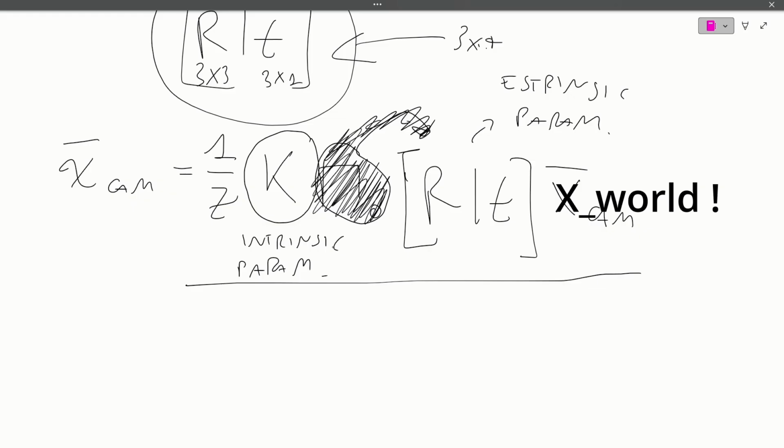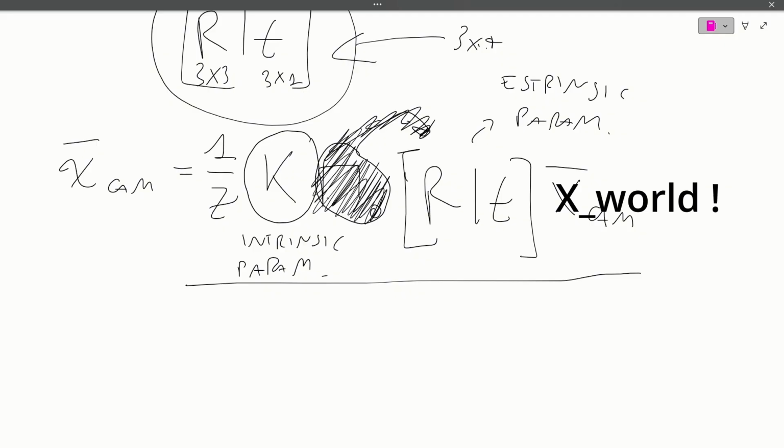What does it mean? Intrinsic and extrinsic in English: intrinsic is something that is inside a thing, and extrinsic is like outside, basically.